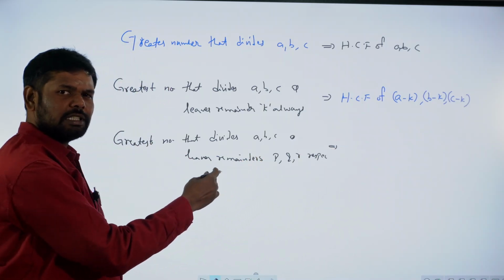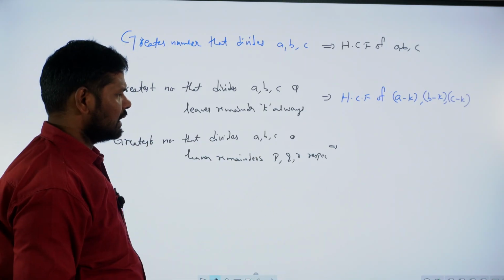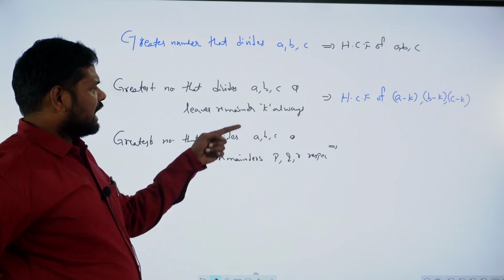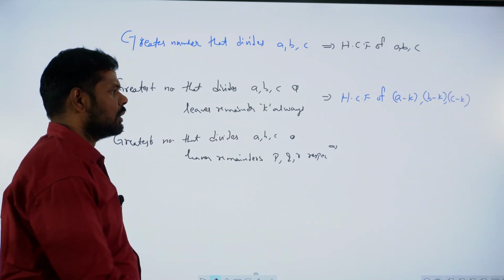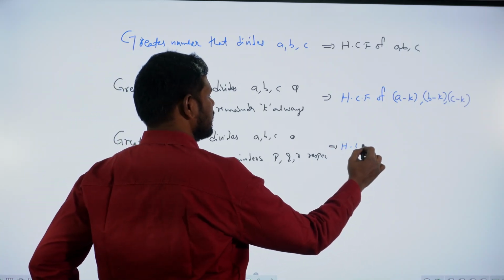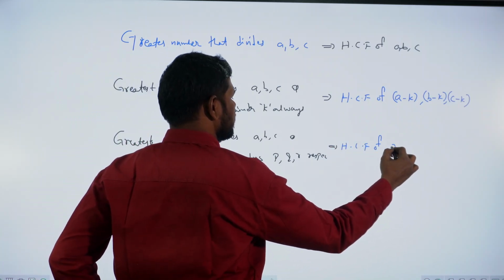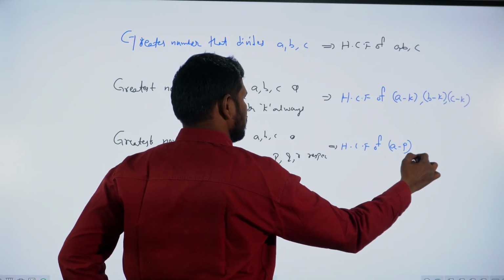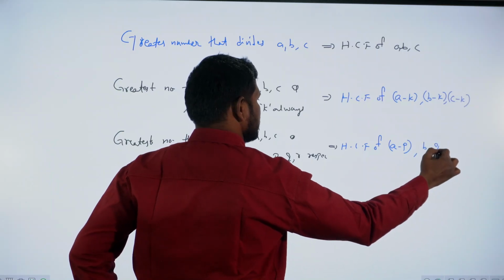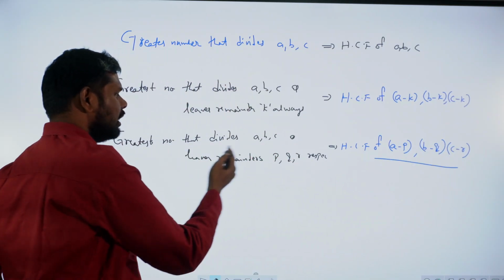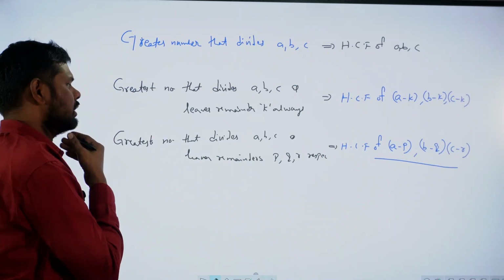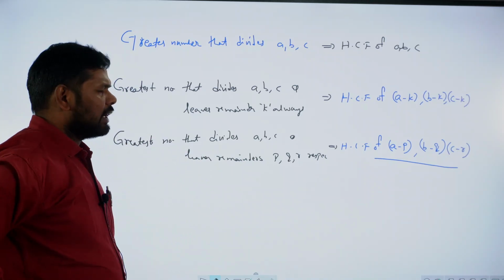So 3 numbers means 3 remainders, 4 numbers means 4 remainders, like that. Here same remainder means you subtract K from all numbers. Here different remainders means you subtract the respective remainders: A minus P, then B minus Q and C minus R. HCF of this is what they are asking, find it. So these are some different types, right?